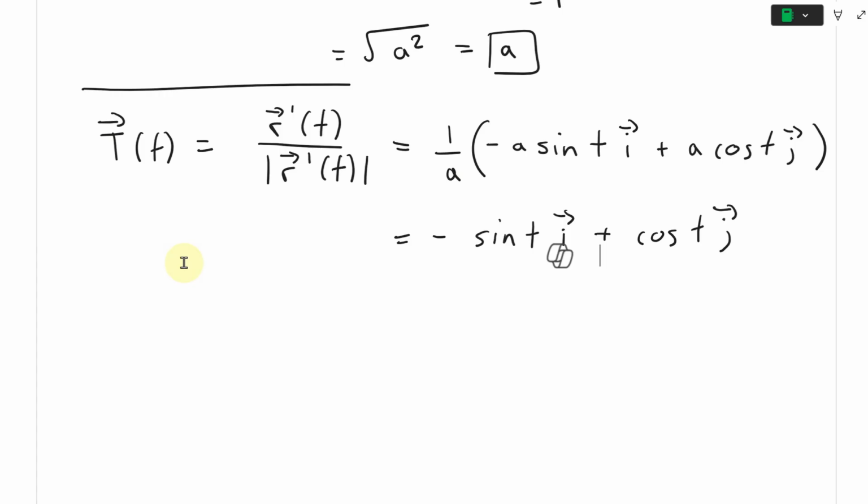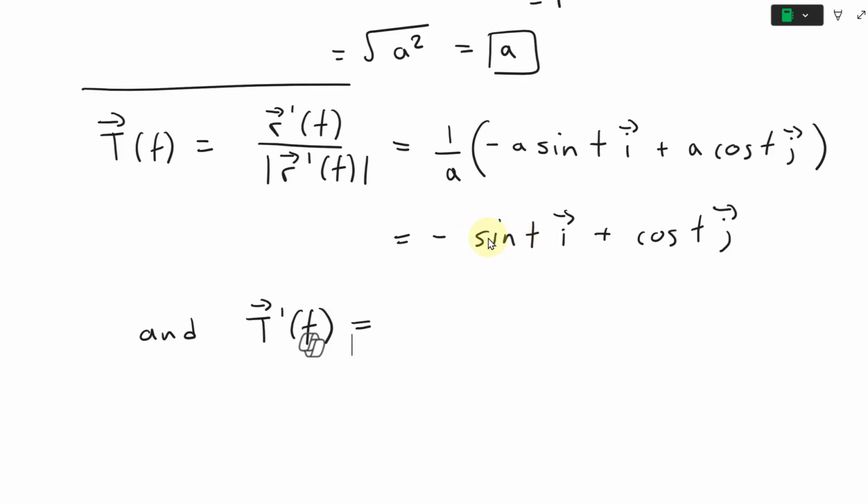All right, so we have this. Now the derivative, T prime of t, is equal to, and now we just take the derivative of this.